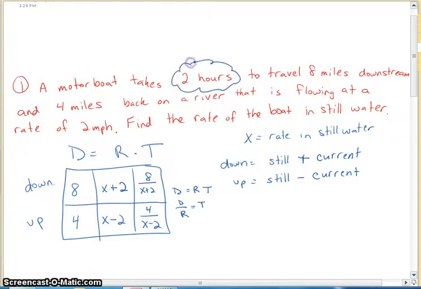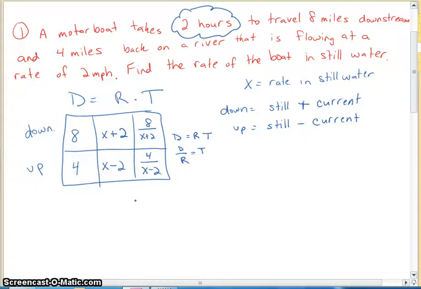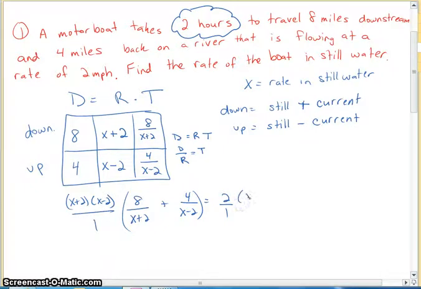It tells me that the motorboat takes 2 hours to travel this distance. So that's downstream plus upstream equals 2 hours. I need to multiply by the denominators to get rid of them. Whatever I do to one side, I have to do to the other side.